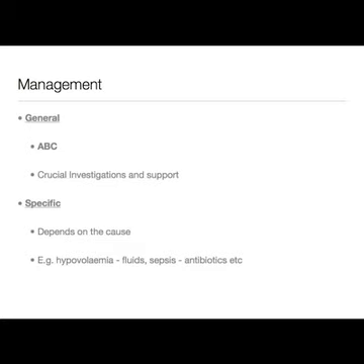We want to do some specific bloods for blood count, urine electrolytes, glucose, CRP, LFTs, lactate, and possibly fibrin degradation products. We need to do various cultures, specifically blood, to see if there's sepsis, and urine for looking for bacteria.